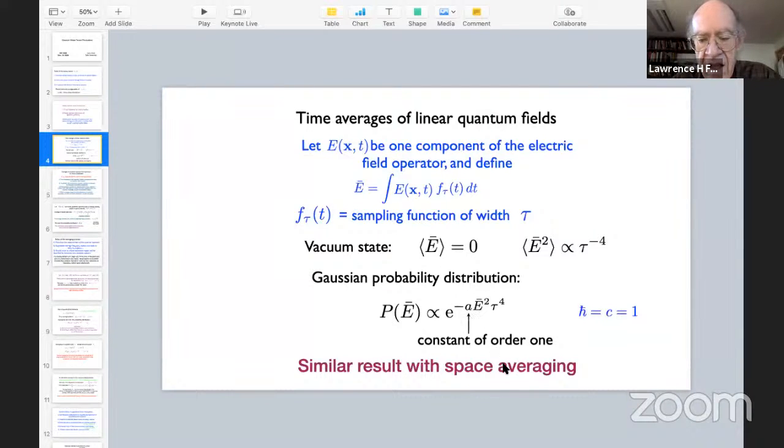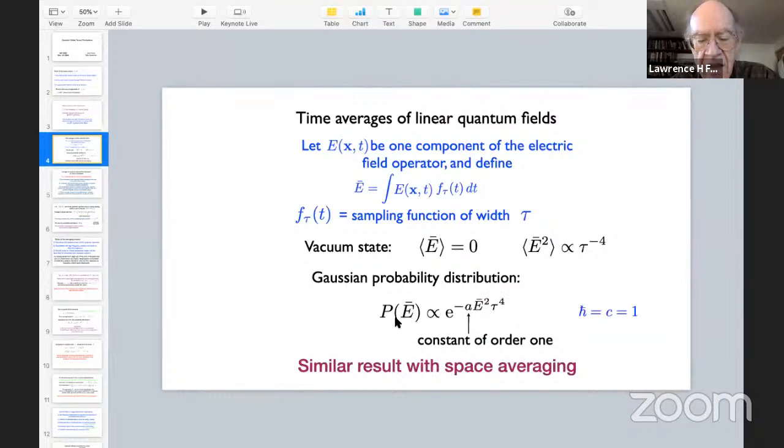And you get similar results if you do space averaging. You could average in either time or space or both, and they'll all give you something of this form, but with a slightly different constant. If you average just in space, then you replace tau, the sampling time, by a sampling length, but everything is the same.